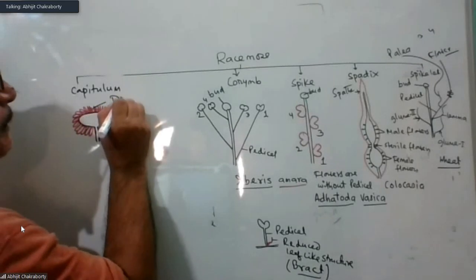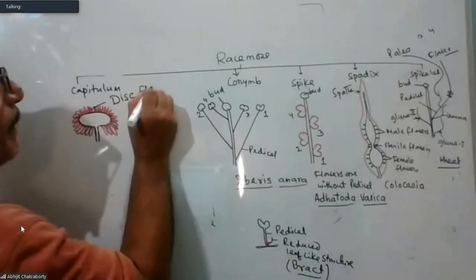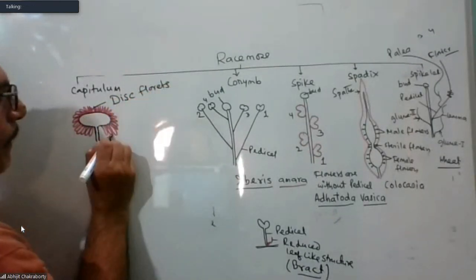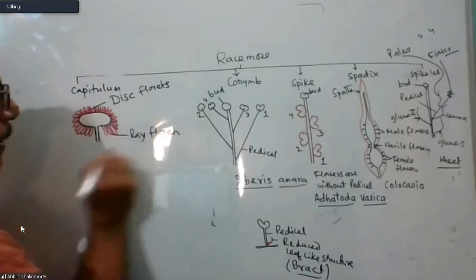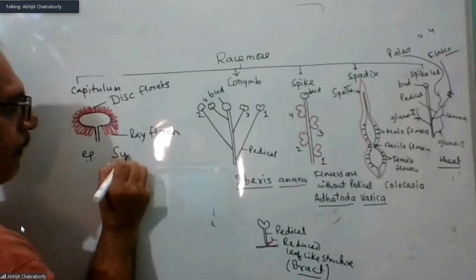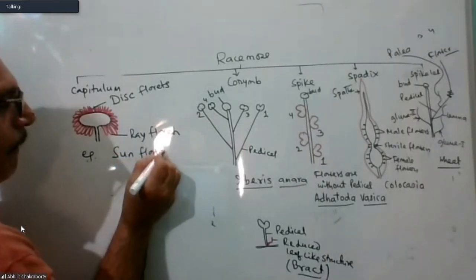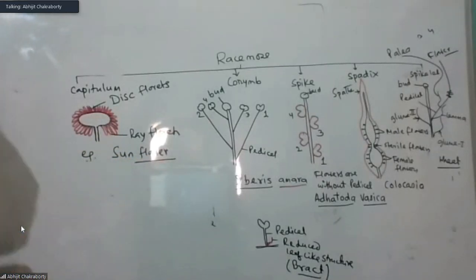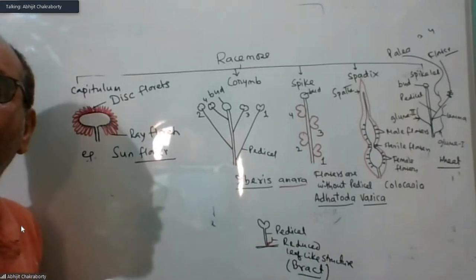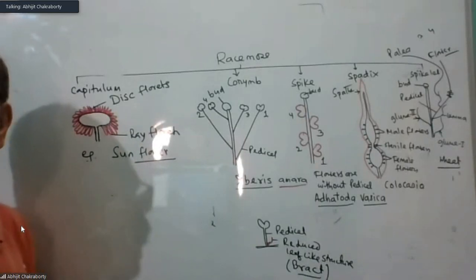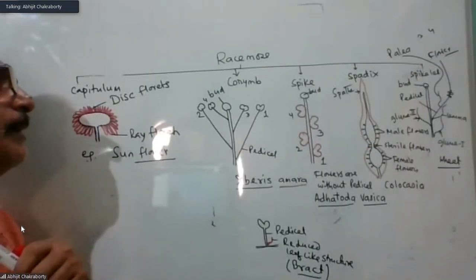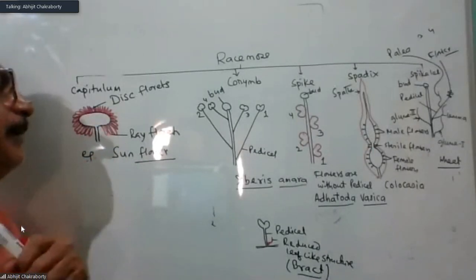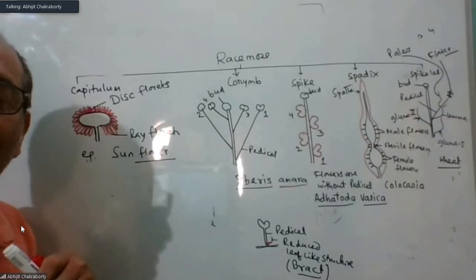For example, sunflower. A single sunflower is not actually a single flower, rather it's an inflorescence. In the center you will get the disc florets, in the periphery you will get the ray florets. Clear?